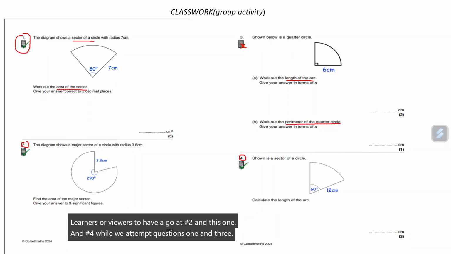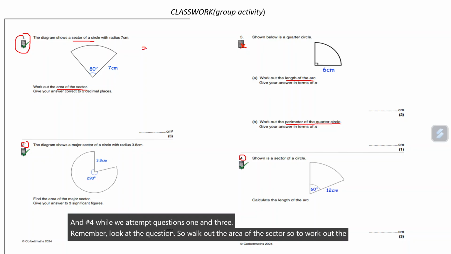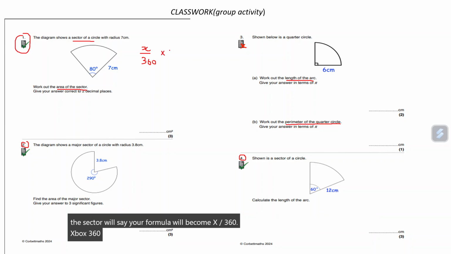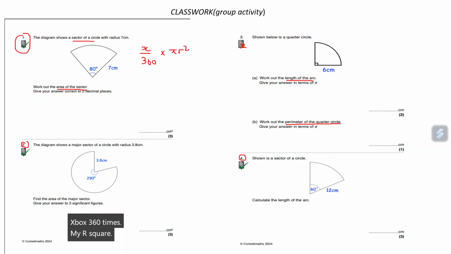Remember, look at the question. So work out the area of the sector. So to work out the area of the sector, your formula will become x over 360 times pi r squared, where the value of our x is 80 degrees, as given here.